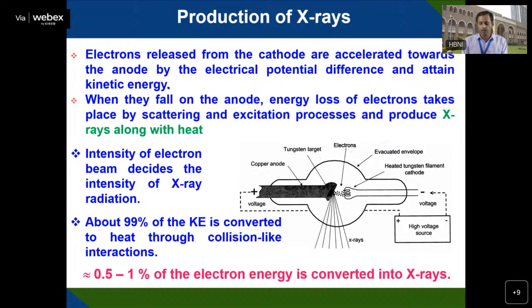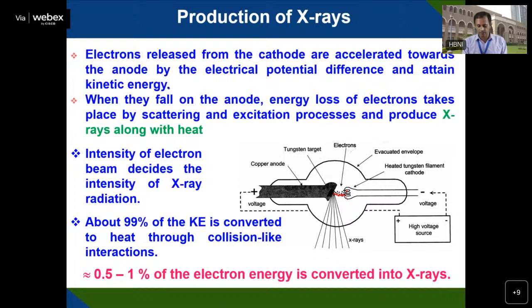Electrons released from the cathode are accelerated towards the anode by the electric potential difference, and they gain kinetic energy. The electrons produced will migrate towards the anode. During the migration, because of the high electrical potential difference, they attain high energy.